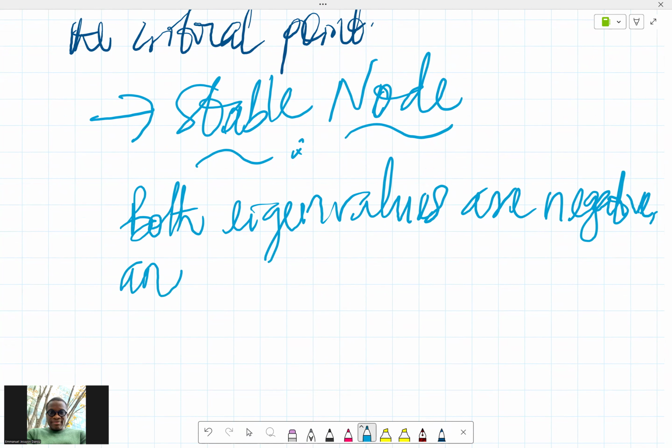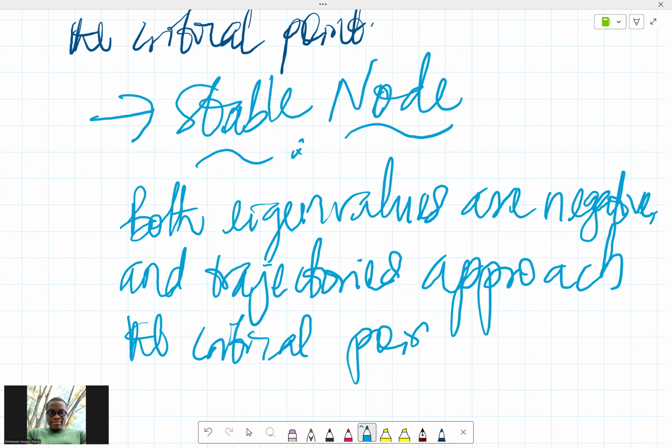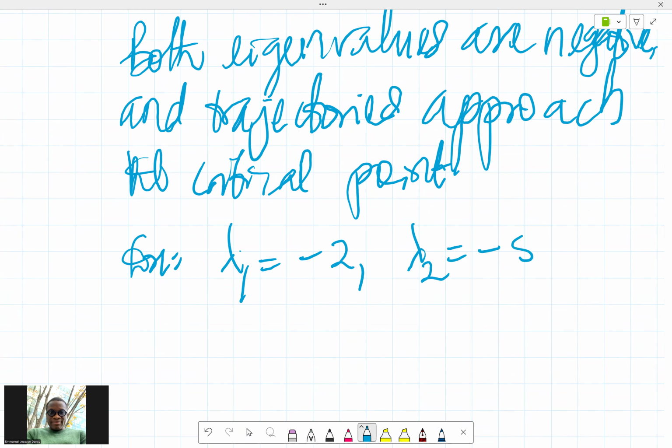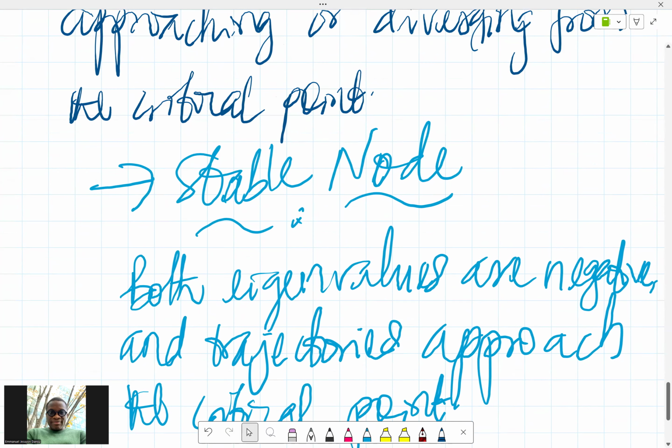Trajectories approach the critical point. A very good example is when lambda 1 is -2 and lambda 2 is -5. Because these two eigenvalues are negative, you have a stable node.